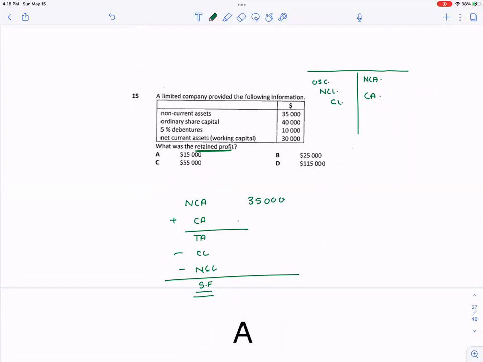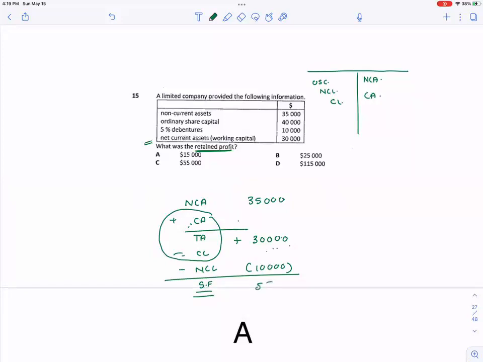Current assets minus current liabilities is 30,000, so I will add that. Now the non-current liability is 10,000, which I subtract. So shareholders funds is 65,000 minus 10,000.